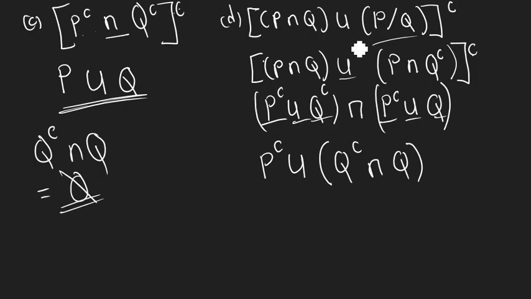It should give you something empty, because these two should not have anything in common. So P complement union the empty set is going to give you P complement.